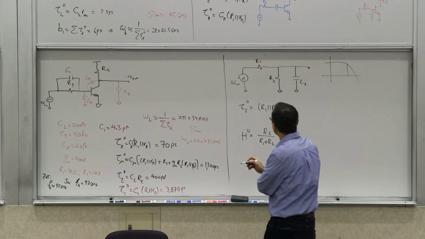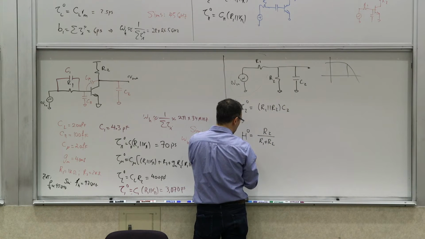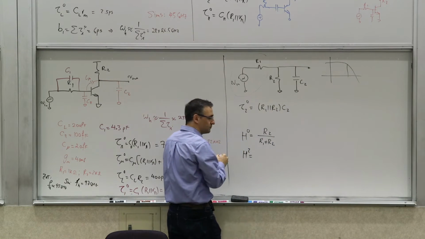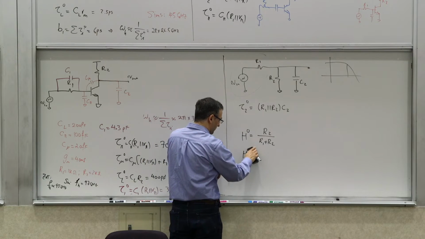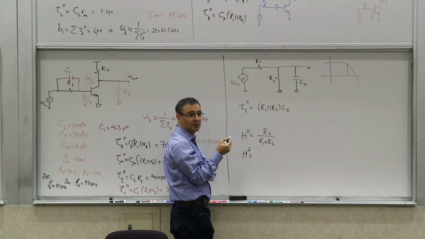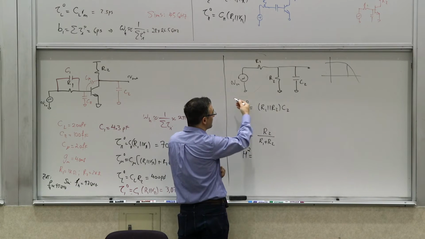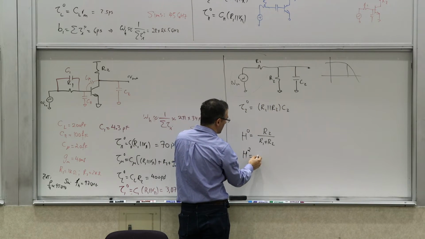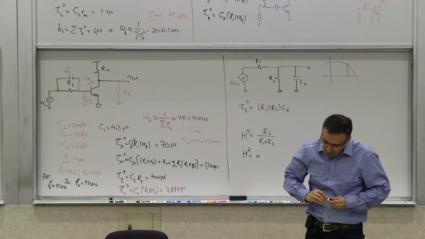And if I ask you what is H2, not that it particularly matters in this case, how do you determine H2? You set elements with the index 2, which is this C2 now, to infinite value, meaning short circuited if it's a capacitor. So what is H2? What's the transfer function? 0. So this transfer constant is 0. All right.